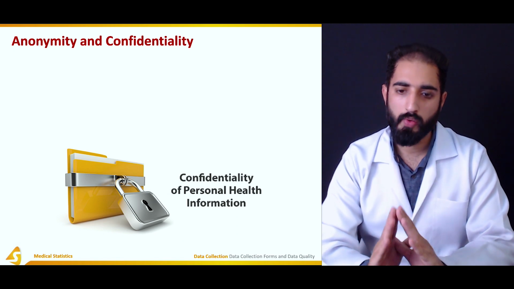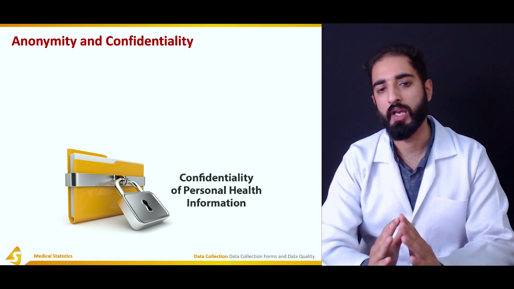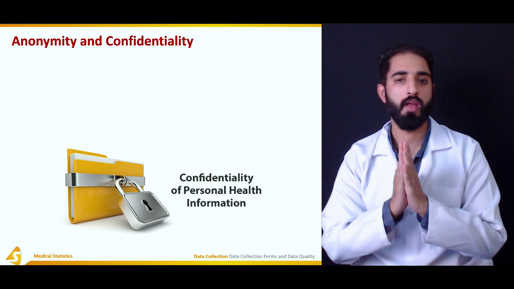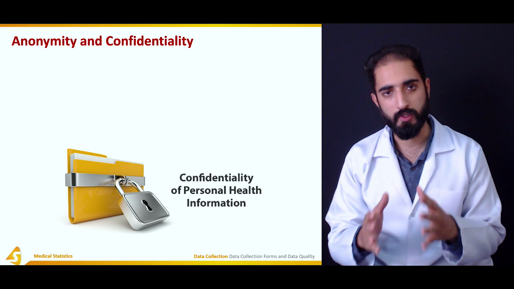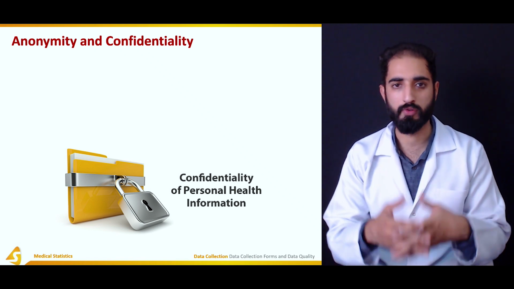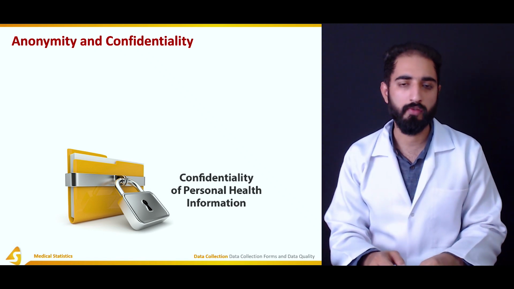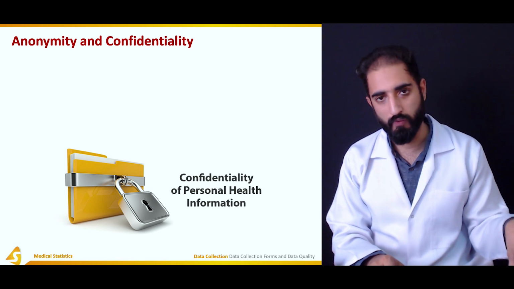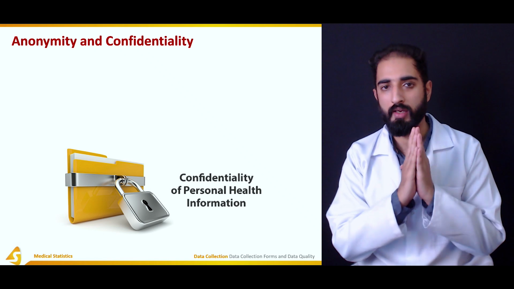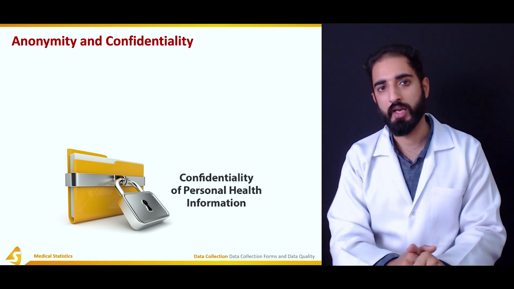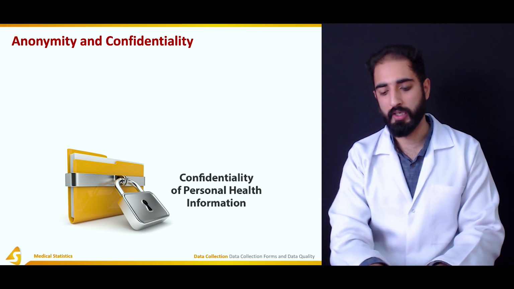Another very important thing is anonymity and confidentiality. Whenever we talk about ethics and research, the confidentiality of the participants and patients should always be preserved. That is why any identifiers which can identify who that person was, like their name, should be eliminated from the data and kept under lock and key.